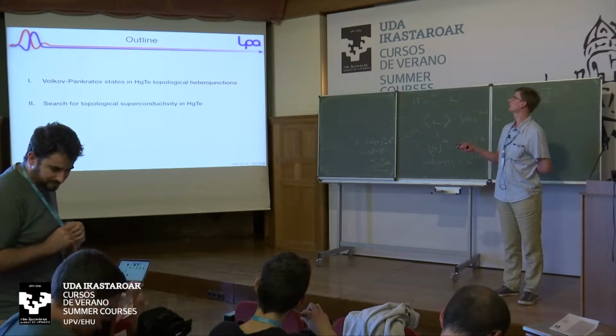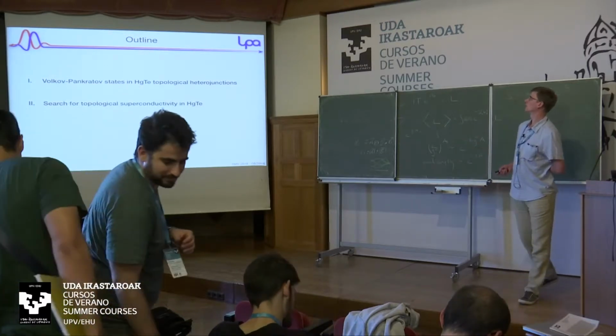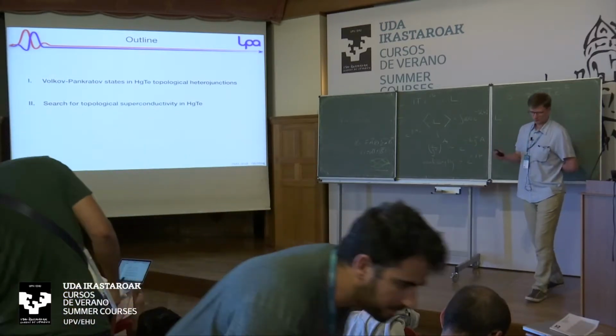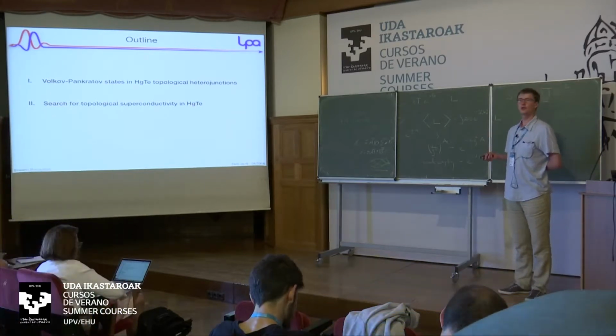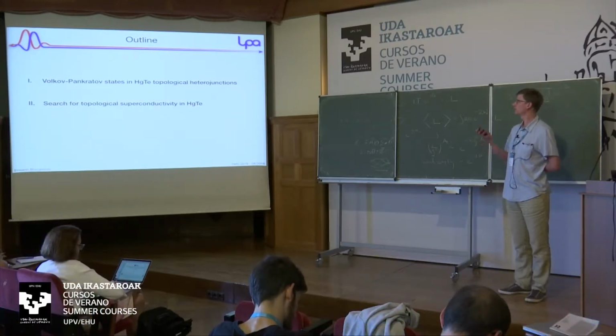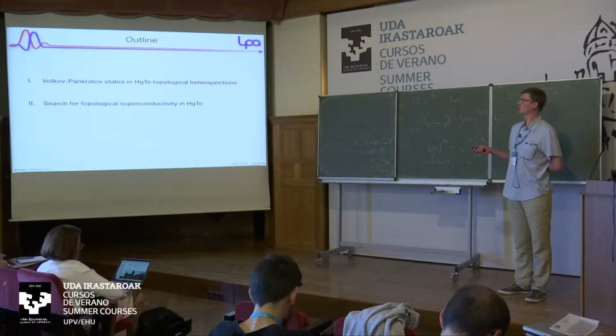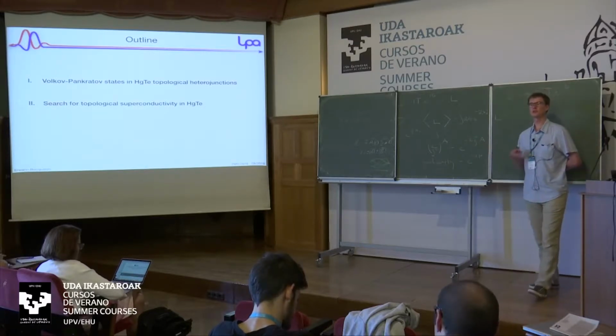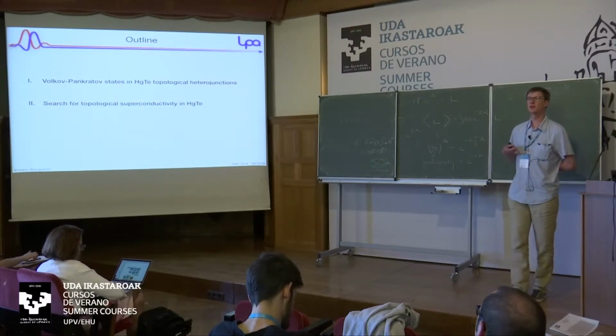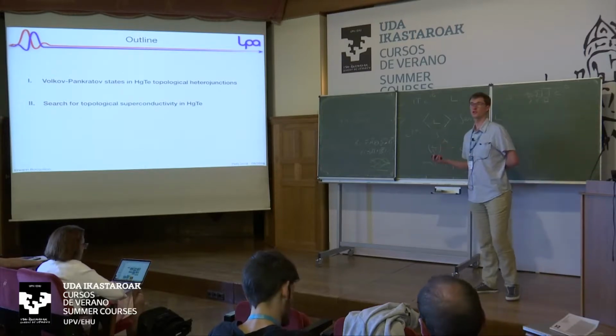So today I will cover this part, which focuses on a very old paper from, I think, 1980 something by Volkov and Pankratov, where they first introduced something which is now understood as topological surface states.